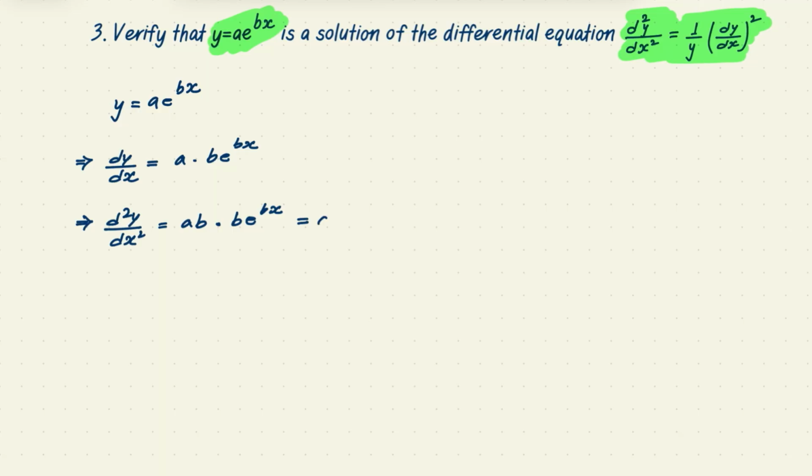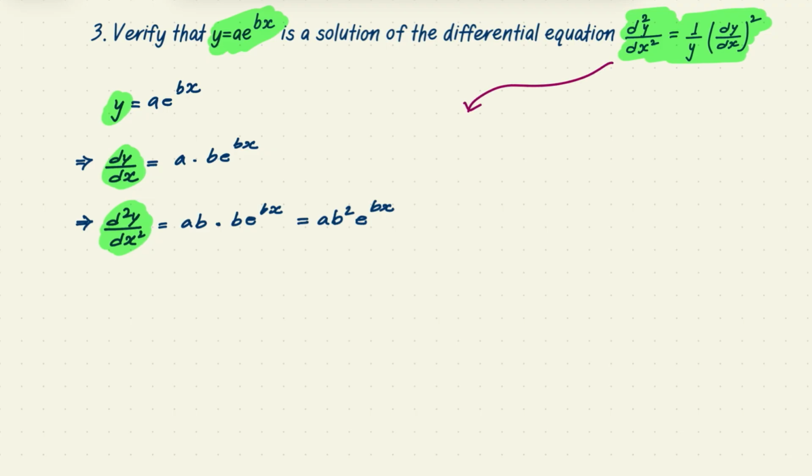So this equals to ab square e to the power bx. Now since we have the value of y, dy over dx and d2y over dx2, so we will verify the given equation is true or not for this function.